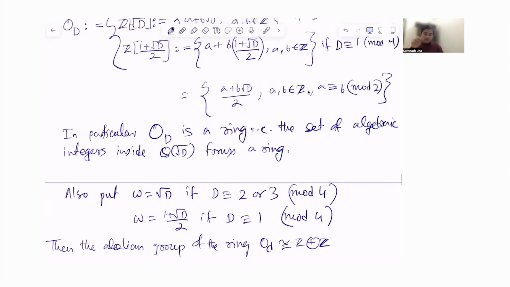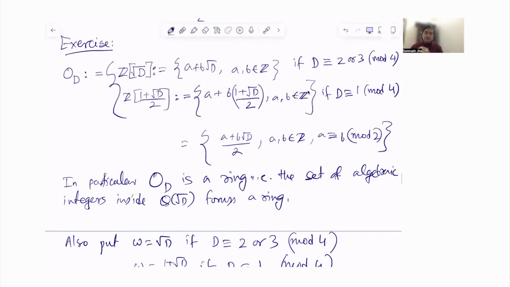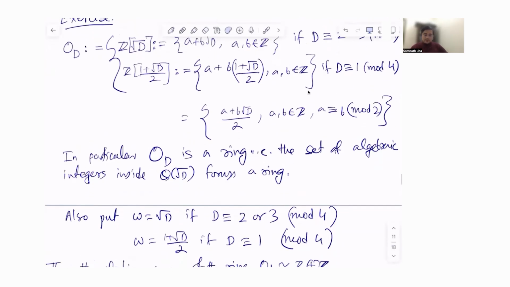And so the set of algebraic integers inside Q(√D) forms a ring. This is not easy to prove, but in this case we can explicitly compute, and the algebraic integers turn out to be a plus b√D if D is 2 or 3 mod 4, and as I said, it can be checked by this criteria. And if D is congruent to 1 mod 4, then it is a plus b into (1+√D)/2.